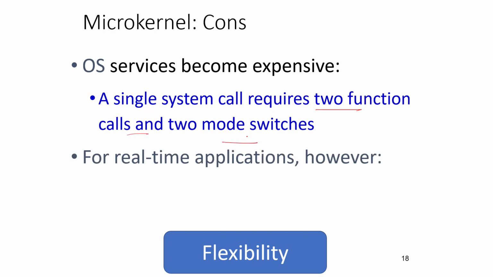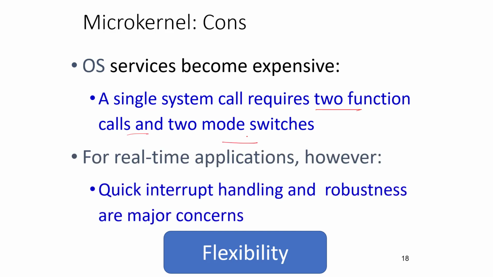For real-time applications, however, where the main aim is quick turnaround time and quick interrupt handling, when there is an interrupt we don't do much, we do a little bit, and the rest basically runs in user space, which can be scheduled later, based on the priority of the deferred mechanism. This is known as deferred processing.